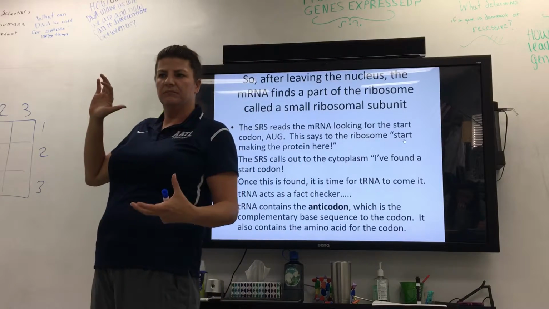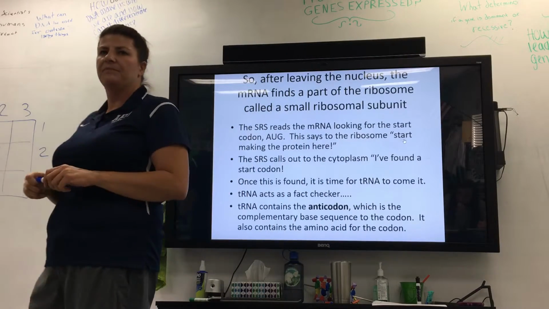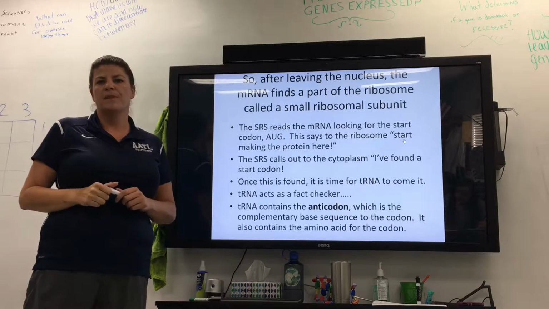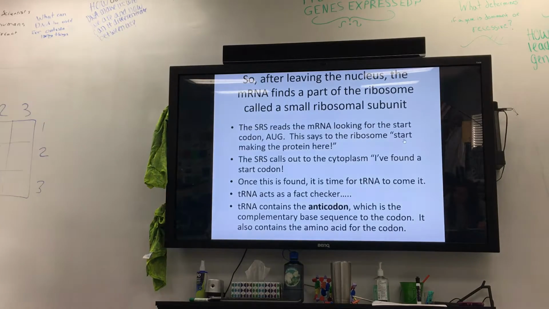It holds it on its bottom, like on the tip of it. So, transfer RNA, I'm just going to make it a T because that's easier. Down here, it's got the amino acid for AUG, okay?